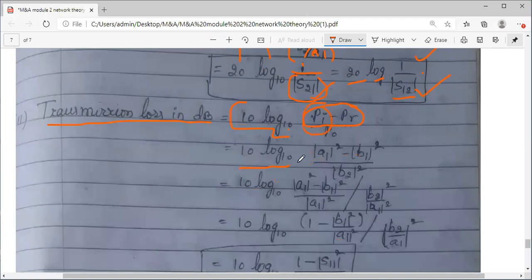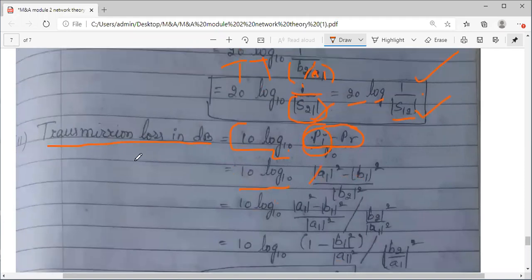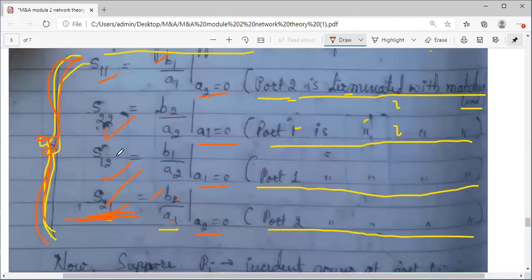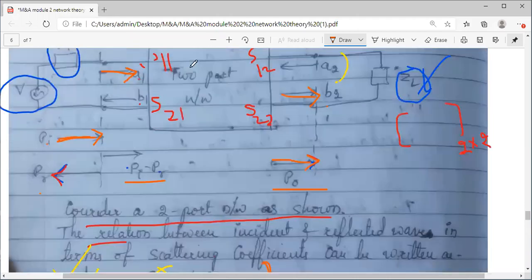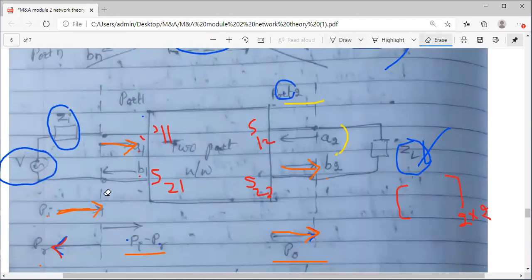Pi is proportional to A1, right? You can see, Pi is proportional to A1, and the direction of A1 and the direction of Pi are the same. Then you can see you have Pr also.